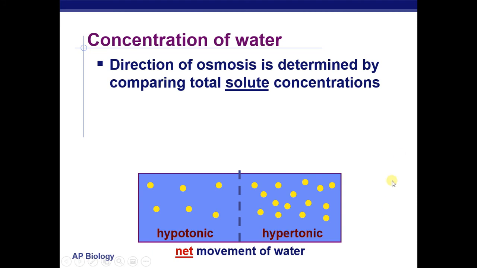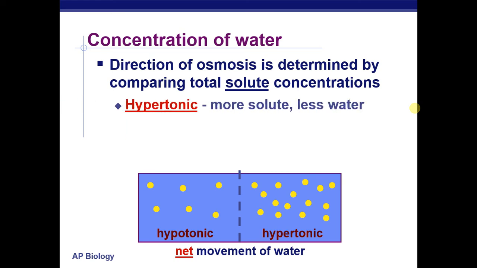So the concentration of water is all important. The direction of osmosis is determined by comparing the total solute, what's dissolved in the water, concentration. A hypertonic solution has more solute in it and less water. So for example, this side compared to this one, right? These terms are always relative to one another.